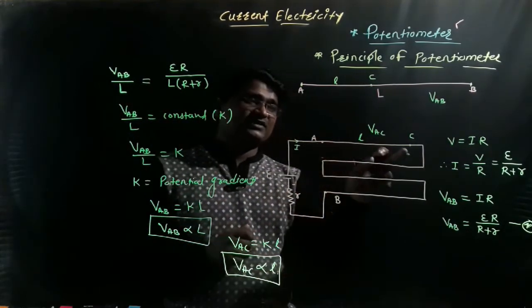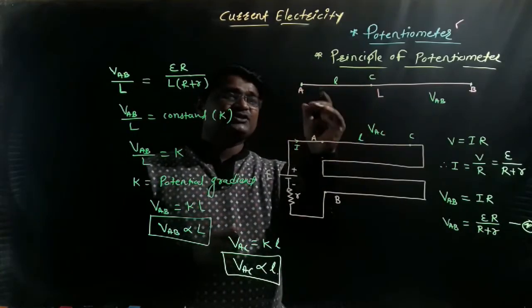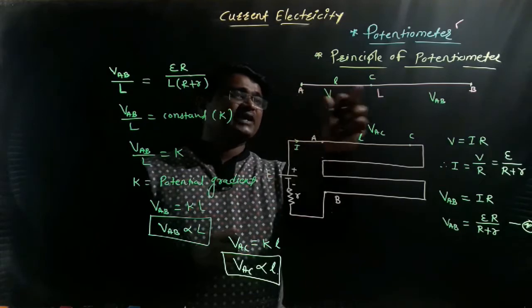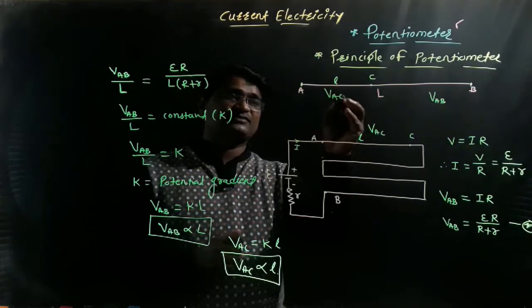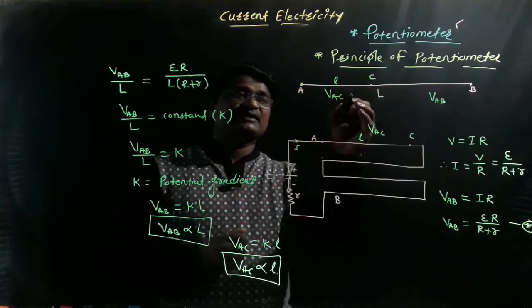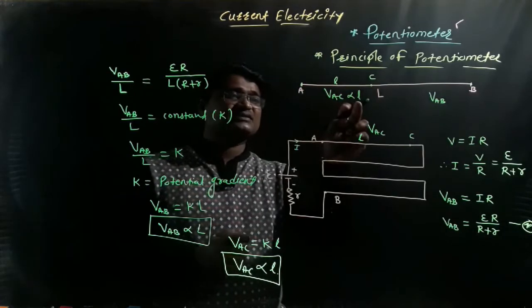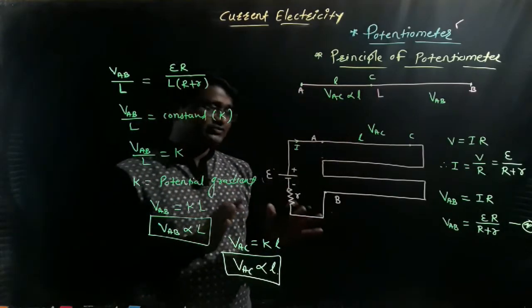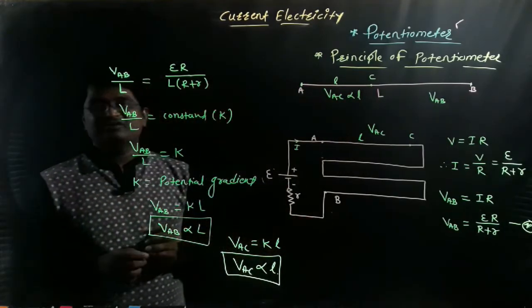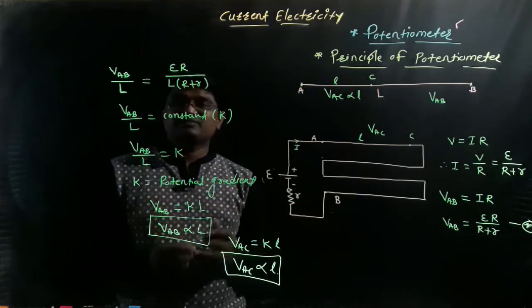The potential difference between any two points on the wire, for example VAC across AC, is directly proportional to the length between the same points. That is, VAC is directly proportional to l.